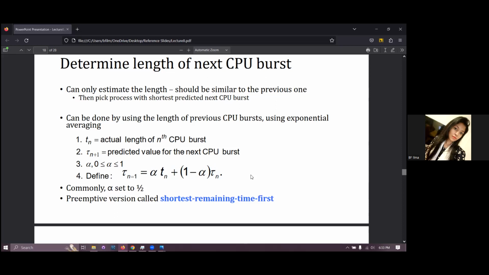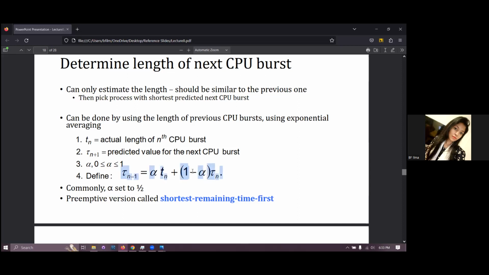Here, tau n+1 is the estimated value of the next CPU burst, and Tn is the actual value of the current burst, and we have alpha. Alpha is a weighting factor for the relative importance of recent data versus past history.